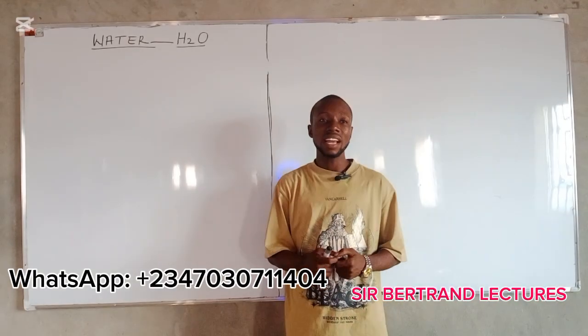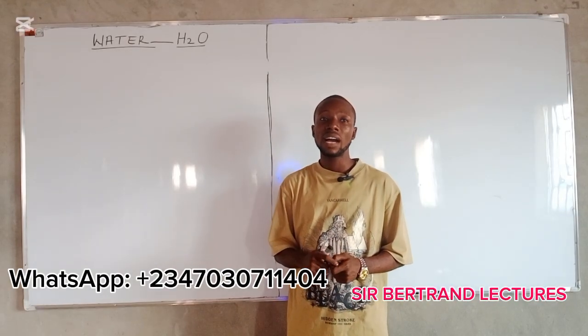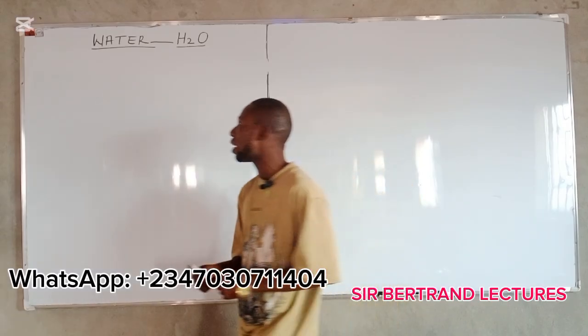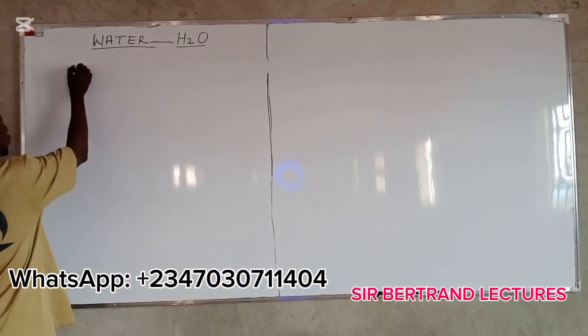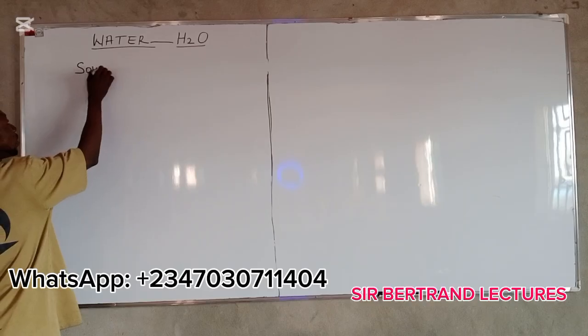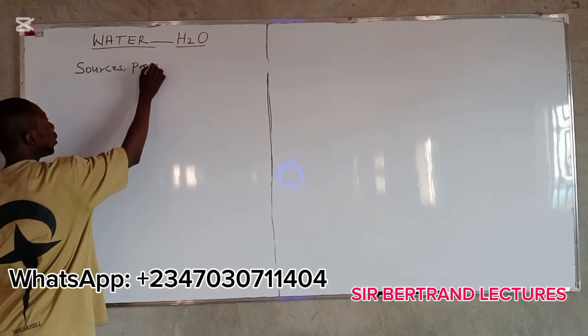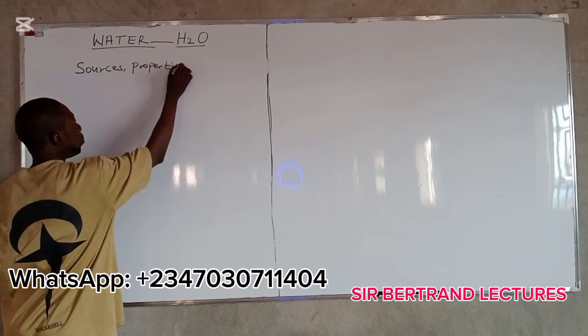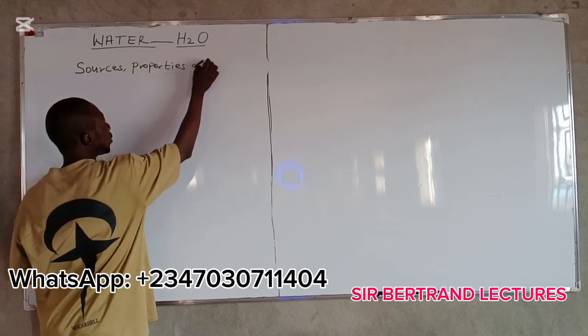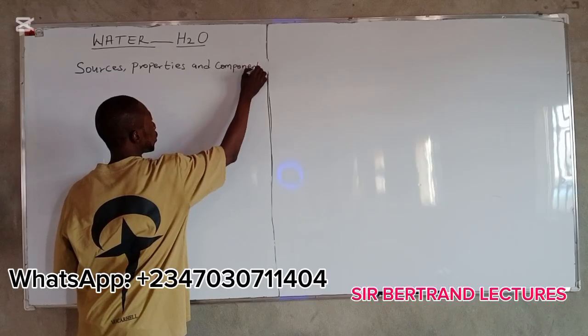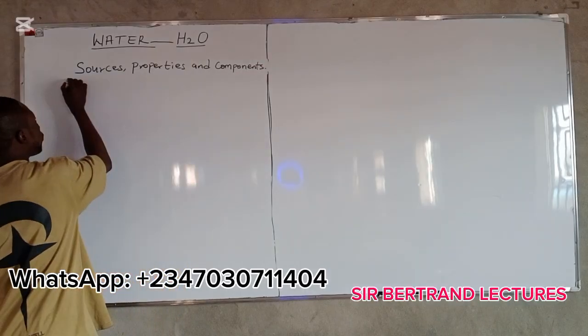But first, let's look at the sources of water, as well as some important properties and components of water. We're going to look at sources, properties, and components of water.